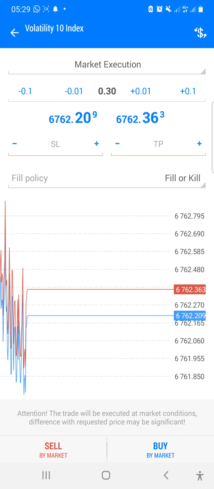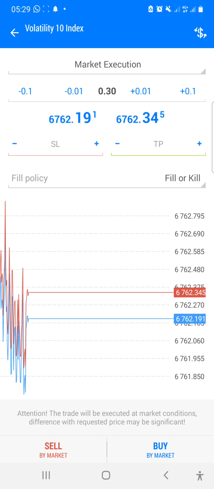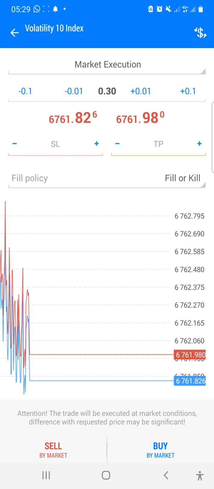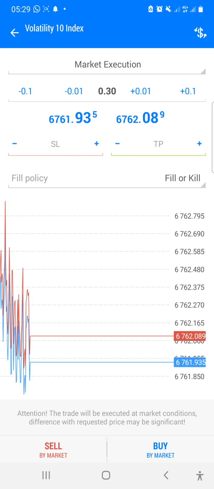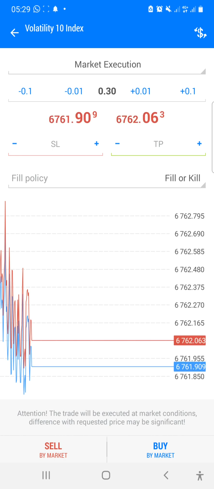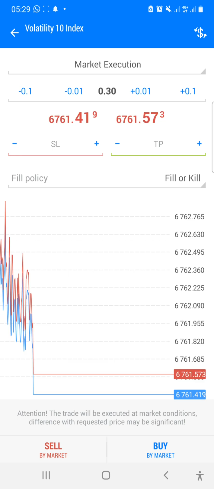One lot size is $10 per pip, and we have 1.1 pip, so 1.1 times 10 is 11. Same thing with our take profit of 12.3: 12.3 times 10 is $123.